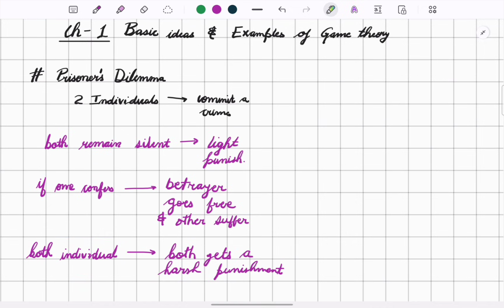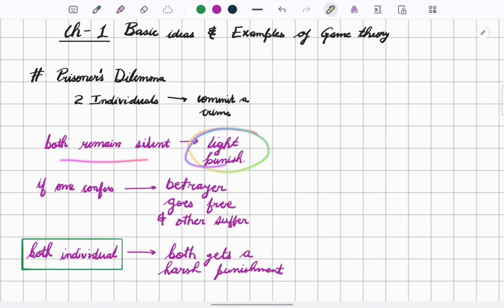So through rationality, whenever we say in economics, we think that we are achieving a better outcome, better payoffs. But game theory gives us the idea that even rationality can lead us to the worst outcome. So the equilibrium is going to be this case, where both individuals end up confessing to the crime and both get a harsh punishment.